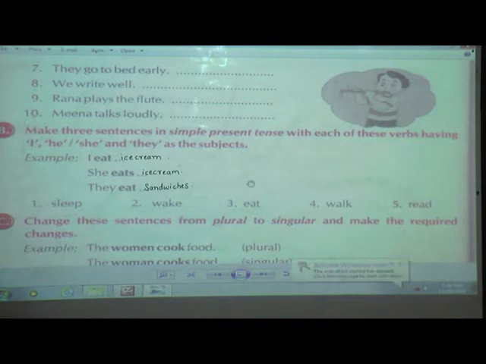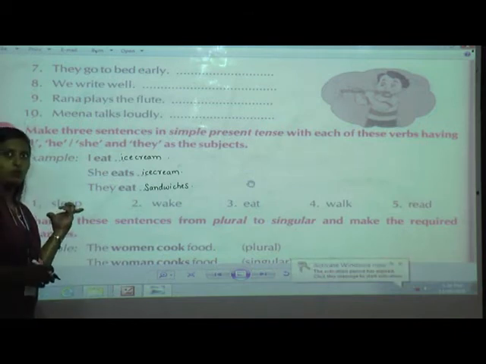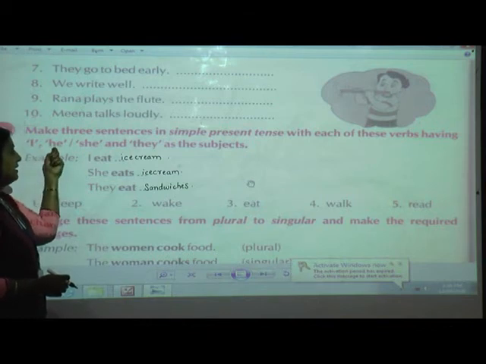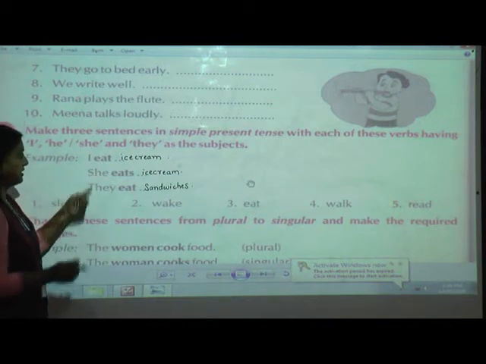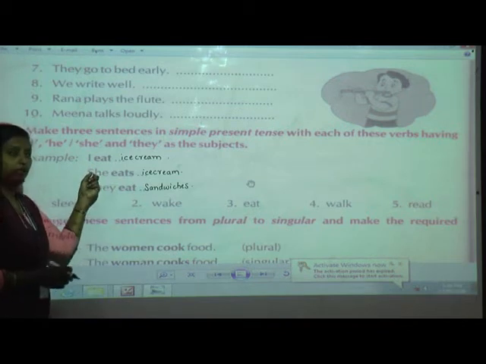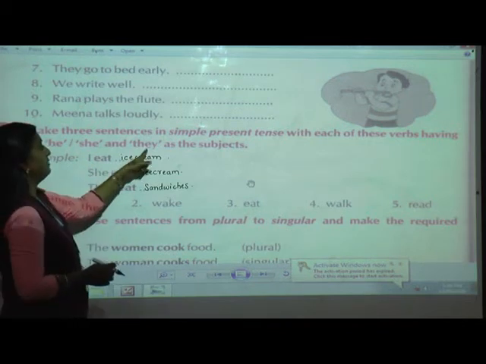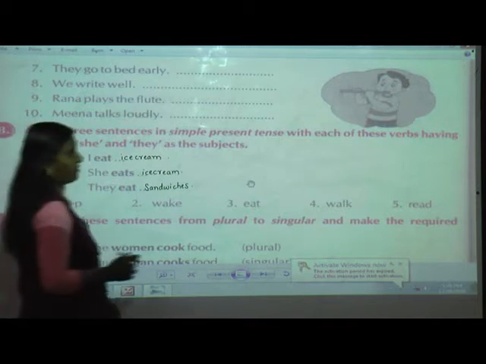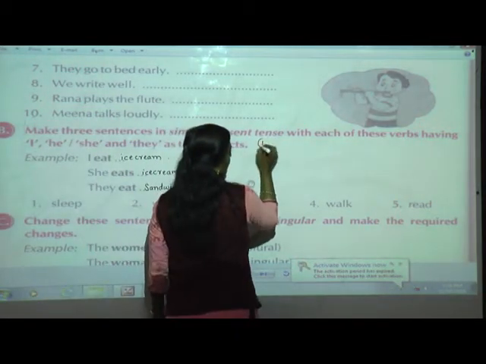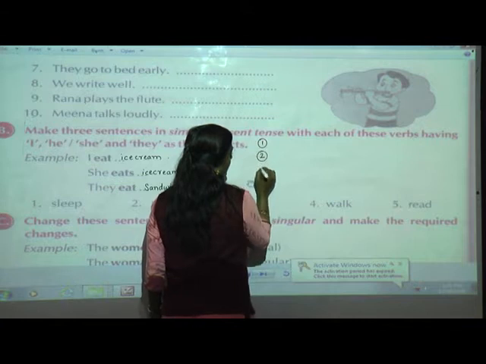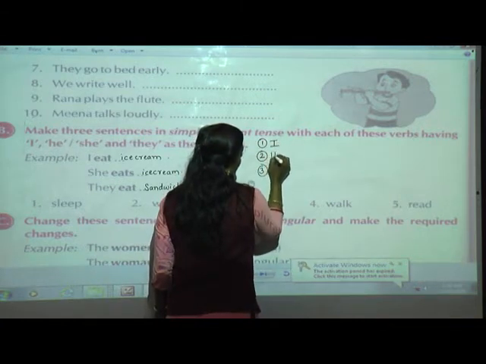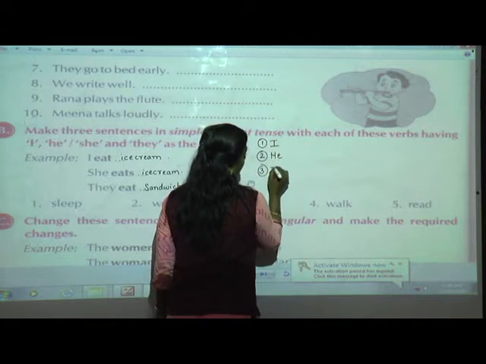So now what you have to do, I will take this verb. The subject will be I, he or she, whatever is there. Here they have taken she. You can take it as he also. And one more, that is they as the subject. So only one example I will solve for you. You can write over here. So I, he or she, and they.